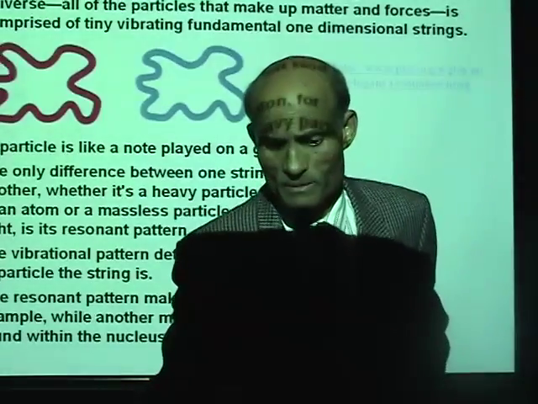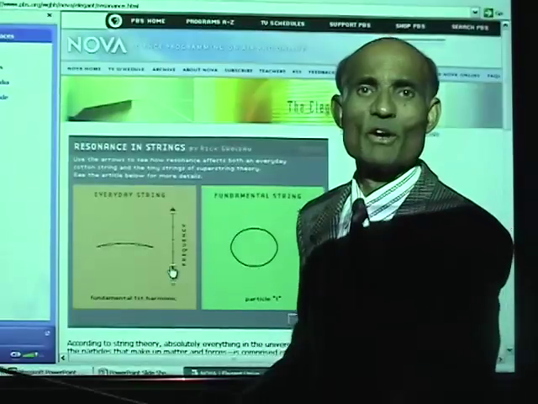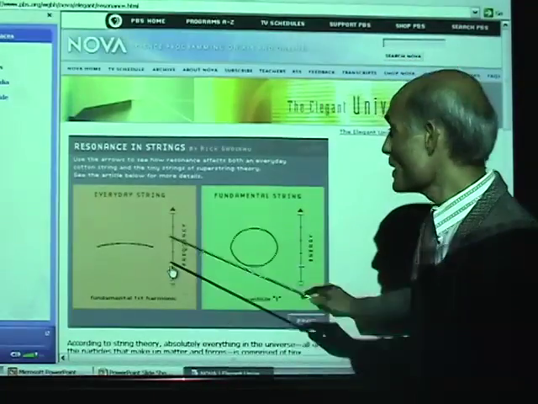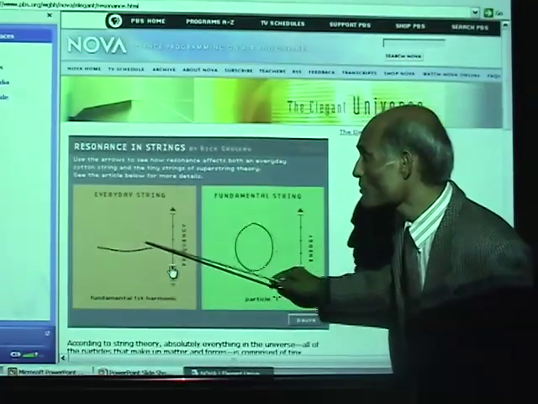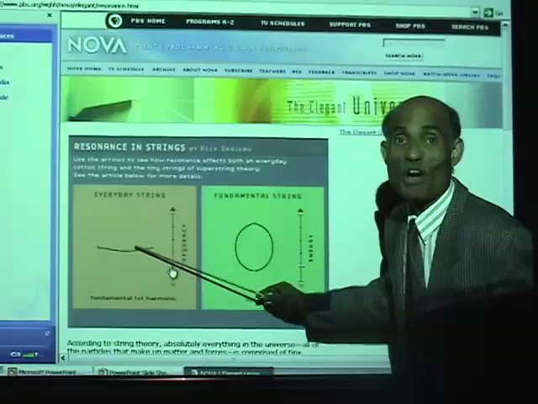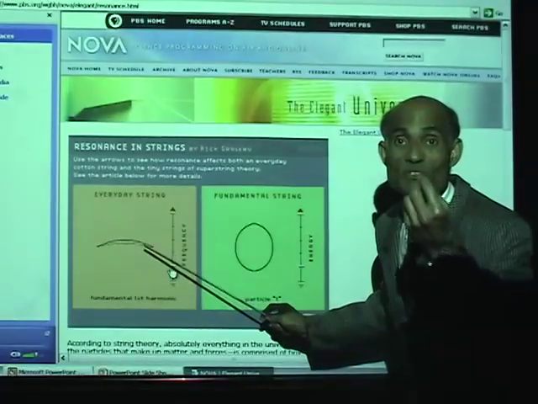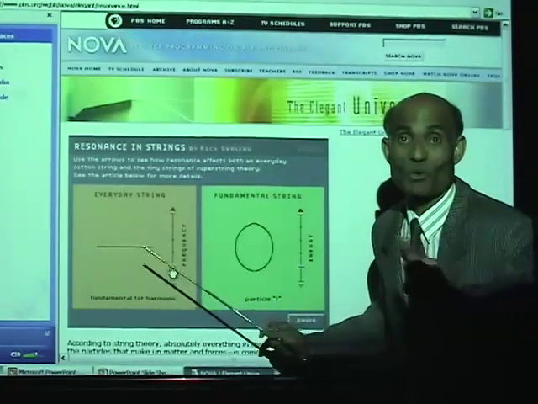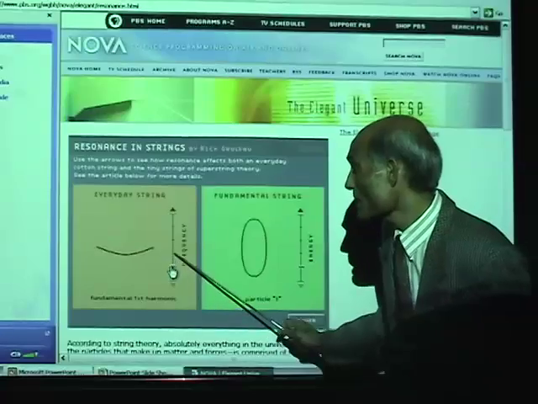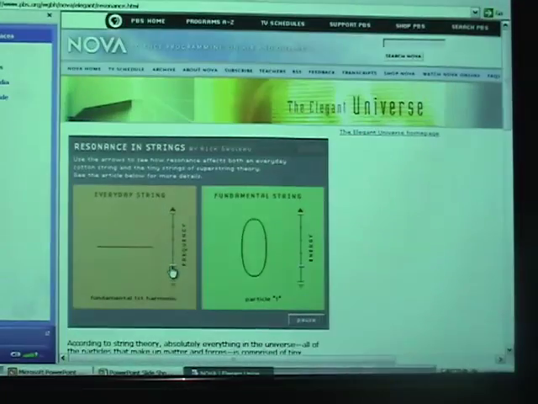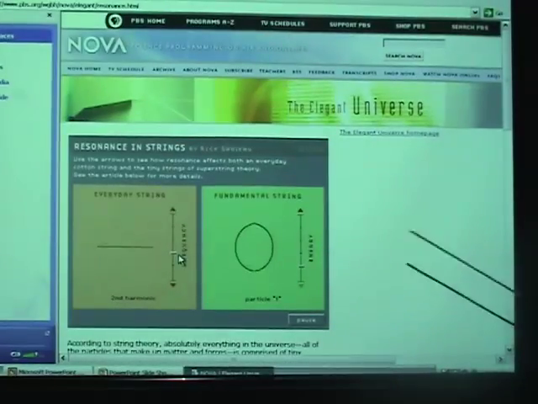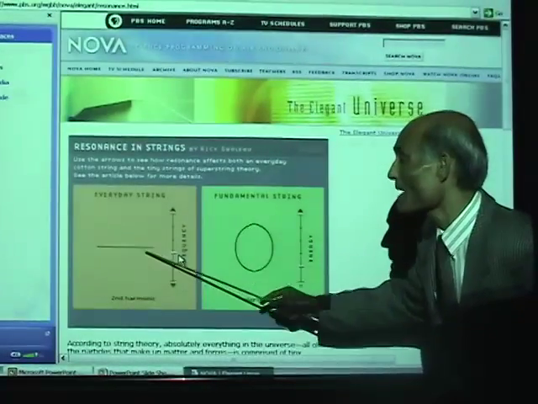Well, for example, if this is the fundamental mode of vibration of the string, which represents one particle, I'm going to double its energy and see if we can find any difference. So look at that. When you double its energy, look at the mode of vibration.